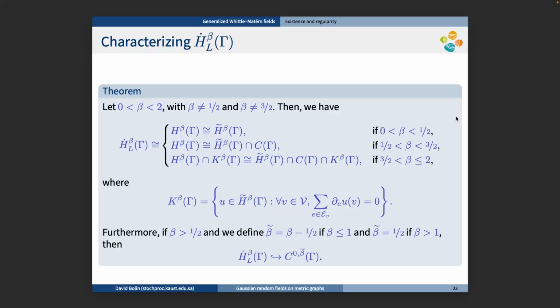That is basically what you typically get when you do interpolation. If you take a Neumann Laplacian and consider interpolation with beta between 0 and 1, for beta above a half, you still have Neumann on L to the power of beta. But when beta is less than a half, the boundary condition essentially disappears.